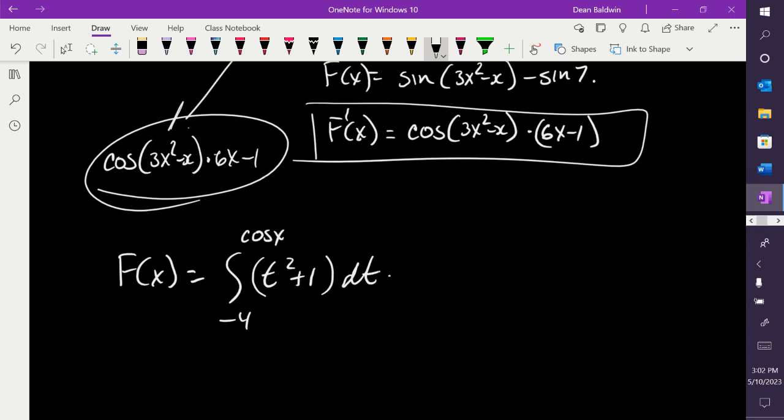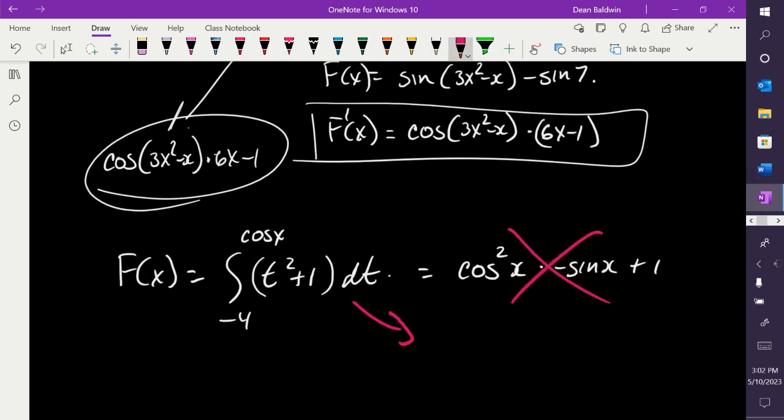I said you could just plug it in and get cos squared of x times, what's the derivative of cosine? Negative sine, right? I said that. That is not right. My mistake is that's not right.